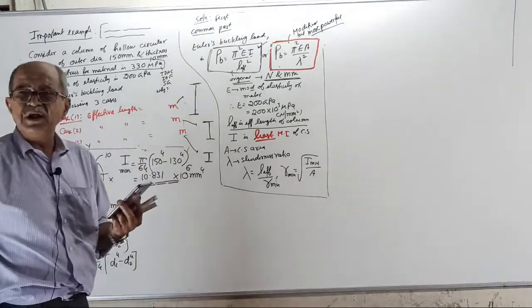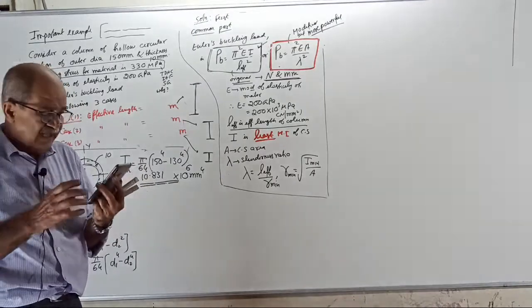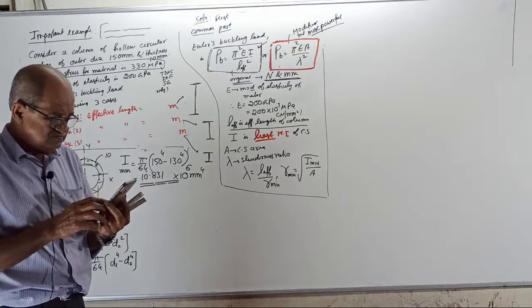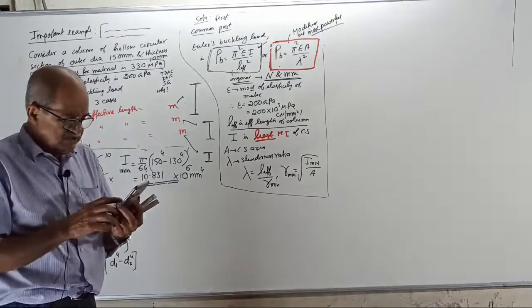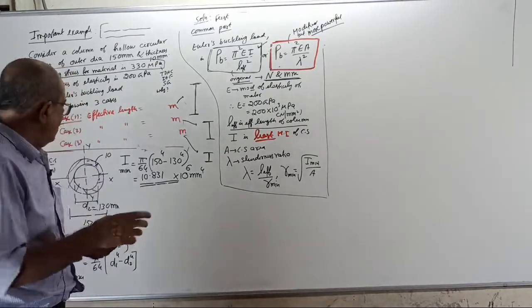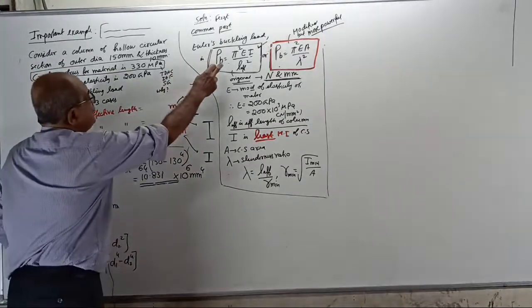Then how are you solving? I don't understand. What is "I is not required"? This data is not required means what data? That's why I told you, this much data is sufficient if you are using the original formula.